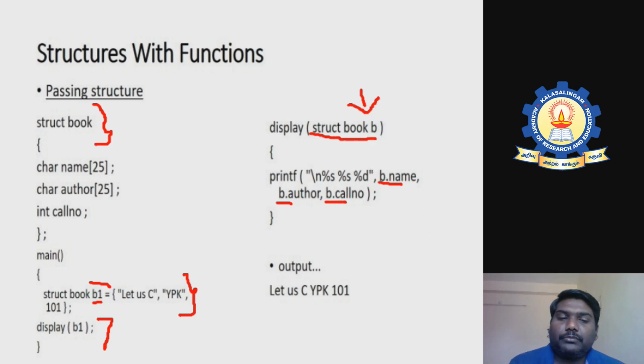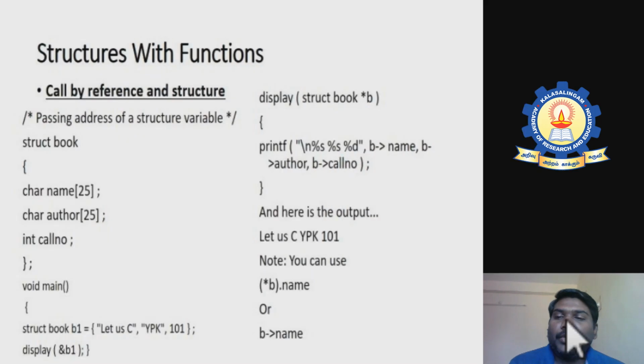Then we can pass it by reference also. That is, we can have the address of this structure, and we can get the values with the help of this address. The way to do this is similar: we define this structure and initialize it, and after doing this we are having this thing here, that is the display of ampersand b1.